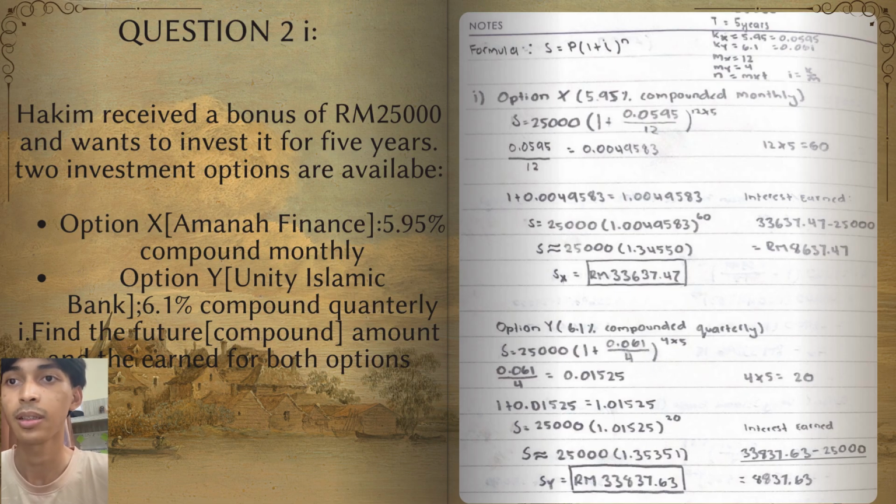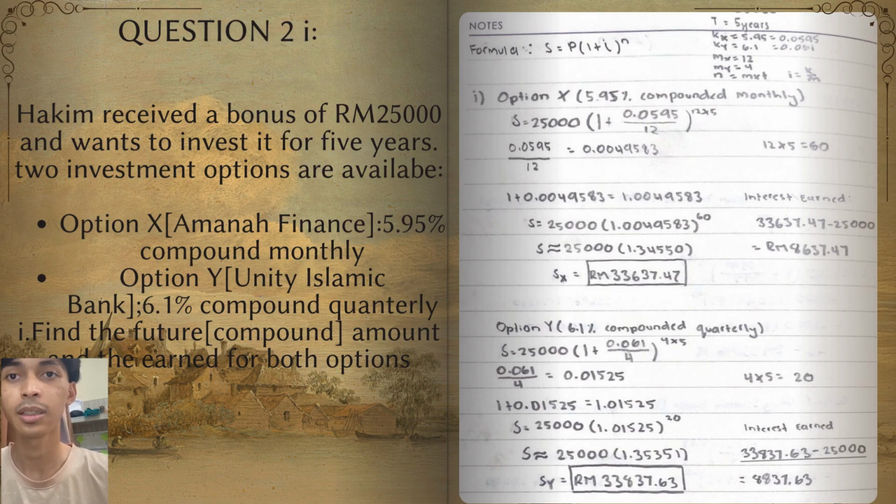Then S equals 25,000 in the bracket 1.0049583 to the power 60. So S equals 25,000 times 1.34550. So the answer for option X, SX, equals 33,637 ringgit and 47 cents.